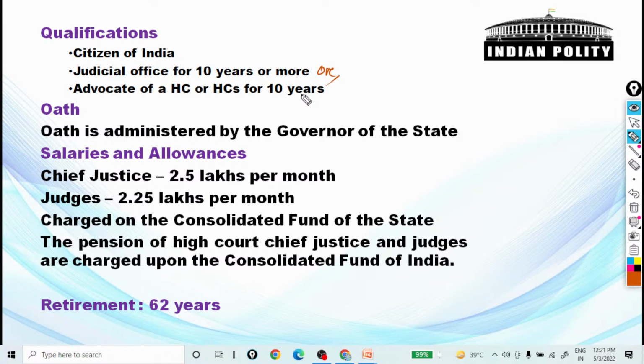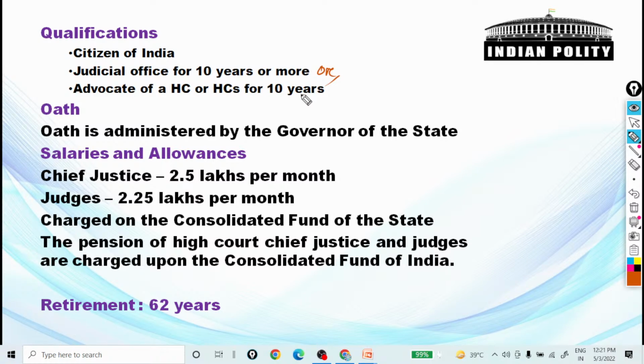Oath and affirmation are administered by the governors of the state. They take the same oath. They will bear faith and allegiance to the Constitution. They will serve people without ill will, bias, or favor, and they will abide by the Constitution. So they are the protectors of law. They are protectors of the Constitution.